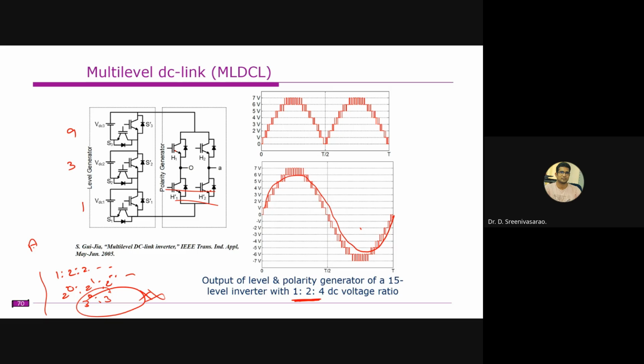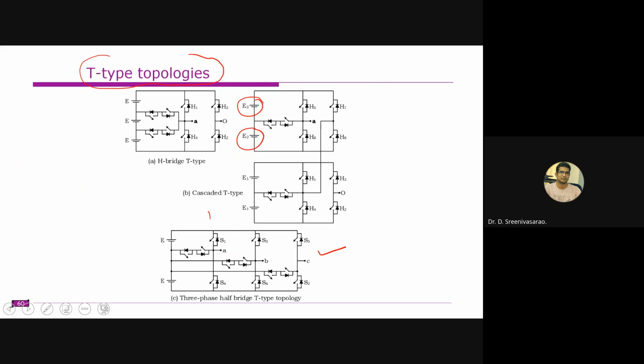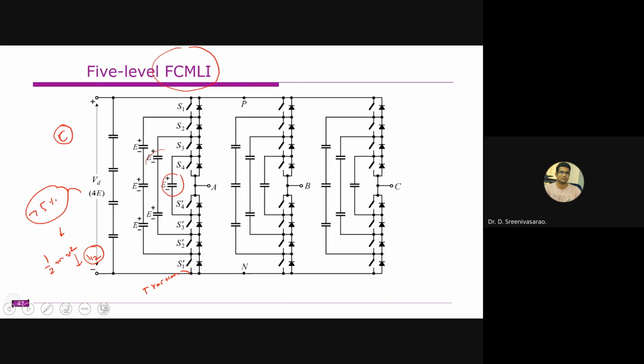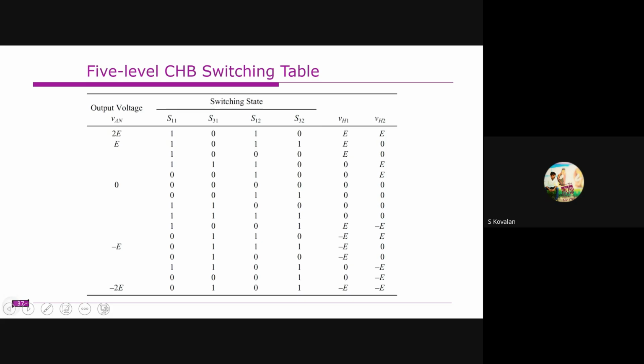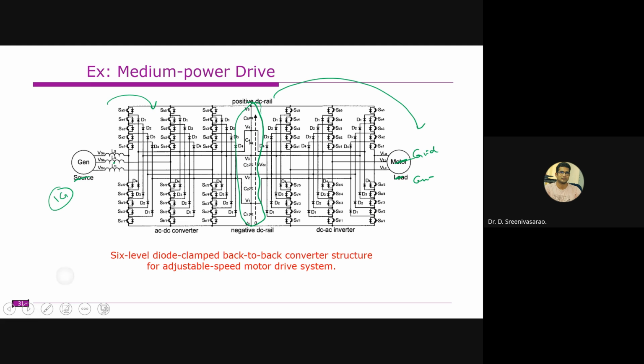Let us assume that your application is like an active front end converter. I have one slide here. Let us assume this is the source, and this converter is doing the job of AC to DC conversion.